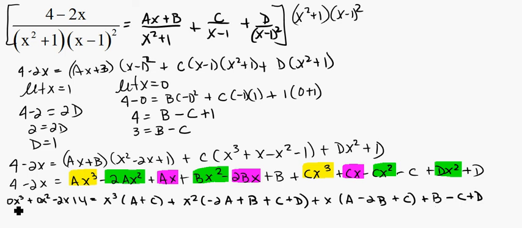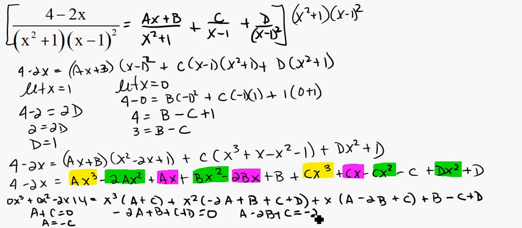So since 0 is my x cubed term, therefore a plus c is equal to 0. So a equals negative c. I get negative 2a plus b plus c plus d is equal to 0 as well. I get a minus 2b plus c equals negative 2. And then b minus c plus d is equal to 4, that should be a plus sign right there.